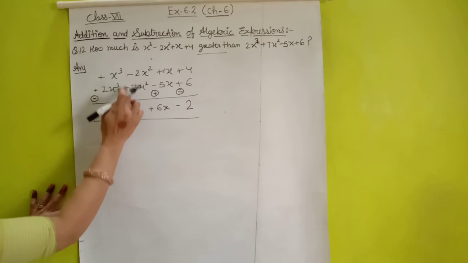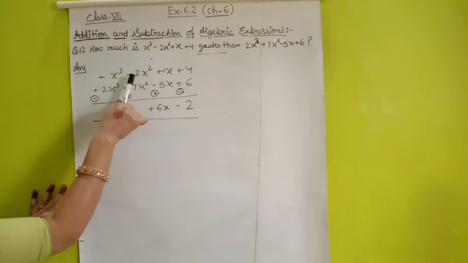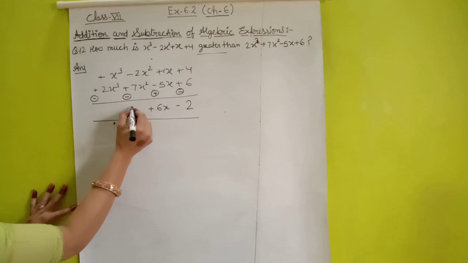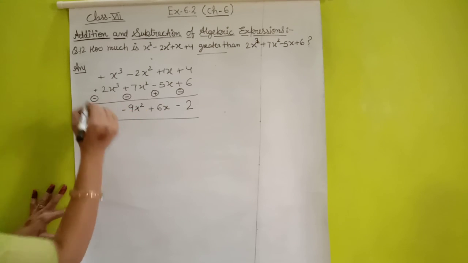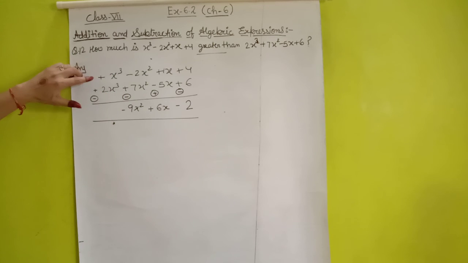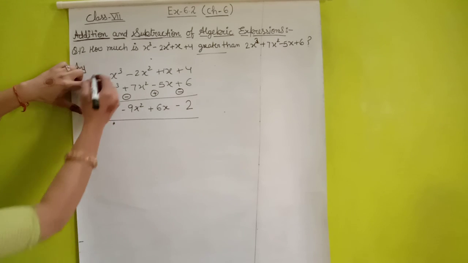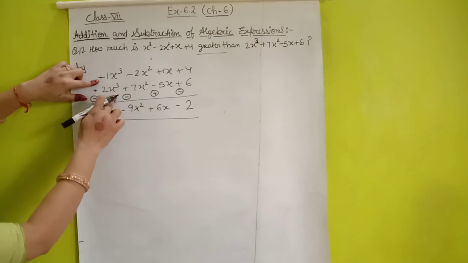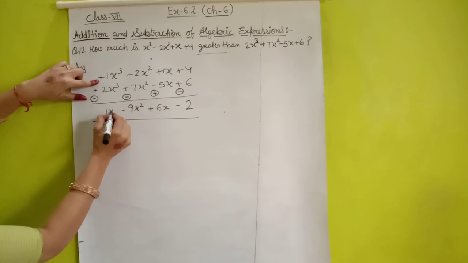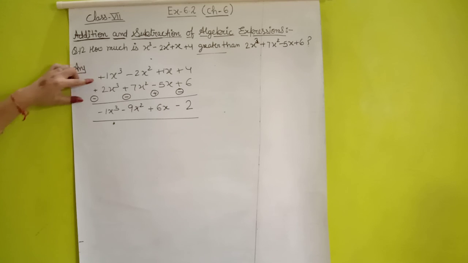Here minus and minus will be plus, 2 plus 7 it will be 9x square with minus sign, because the greater number 7 has the minus sign. And here plus 1x cube and minus 2x cube, plus minus minus, 2 minus 1, 1x cube with minus sign.